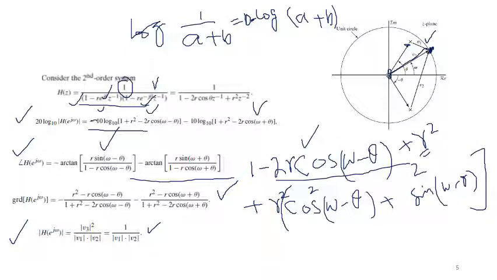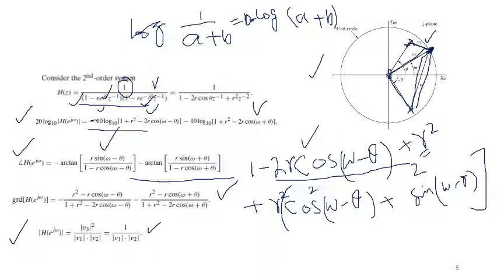Similarly, for the case of the poles, we have one pole here, so connecting this pole to this point will give us the pole vector 1, and connecting this second pole to this point will give us the second pole vector.